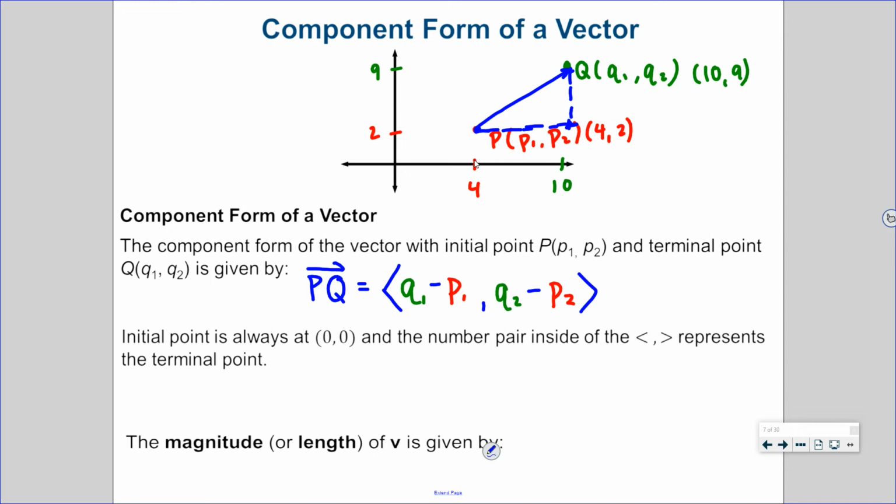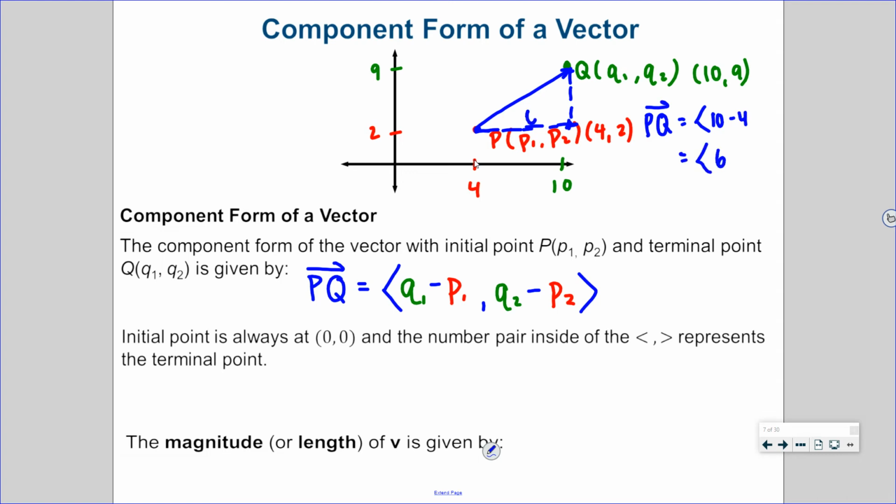Okay, so let's do it with the numbers and it'll make a little more sense. To find the horizontal component of our vector, or the horizontal distance, we would take 10 minus 4, which gives us 6.